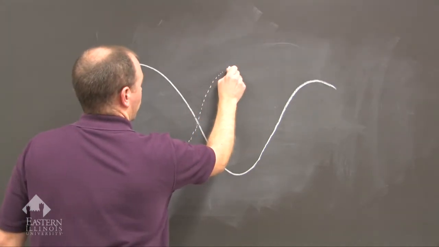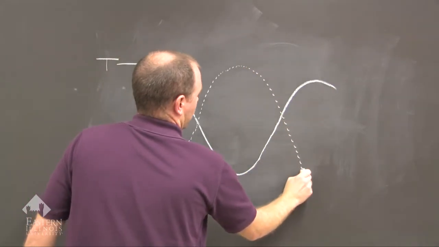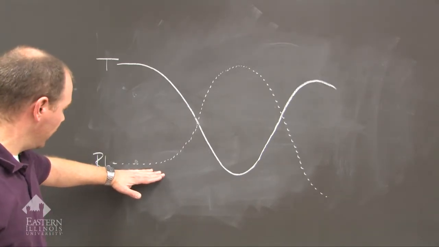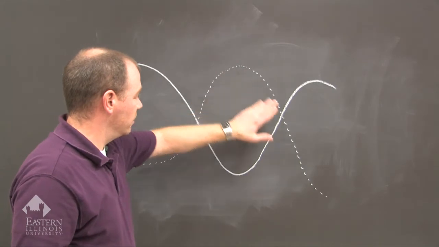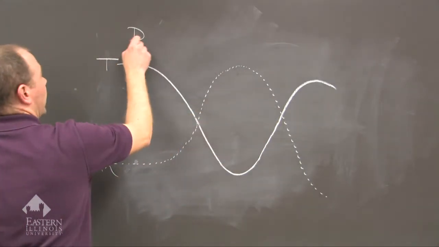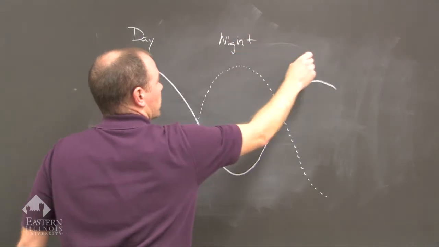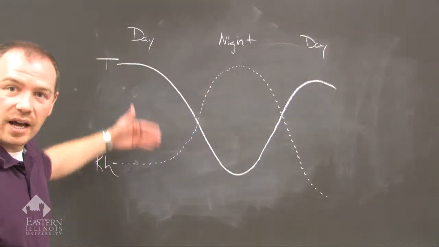The relative humidity increases during the night and then decreases during the day. So we start, the relative humidity is down. It's low during the day, and this is night, day. So day, night, day. So they're opposites. This is how they function.